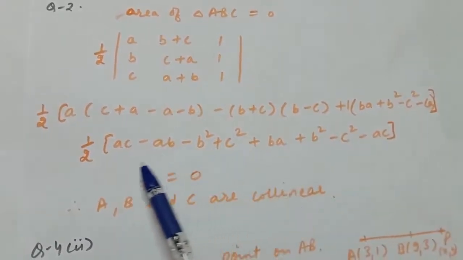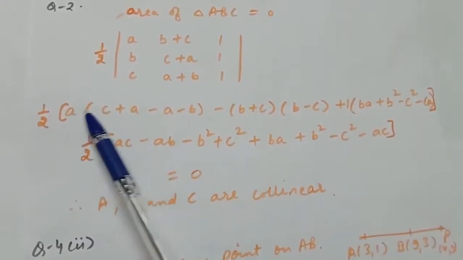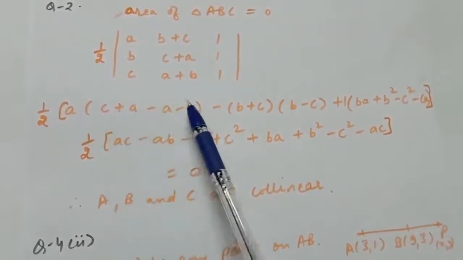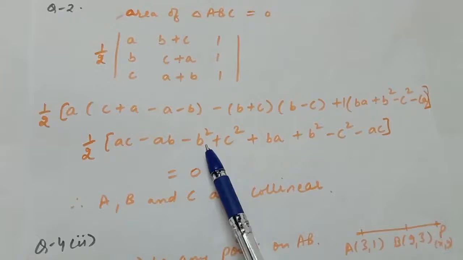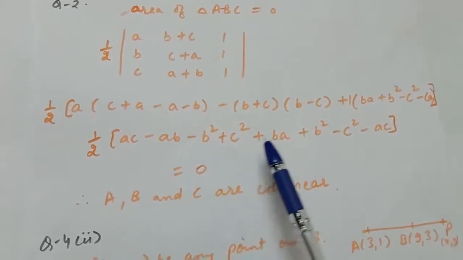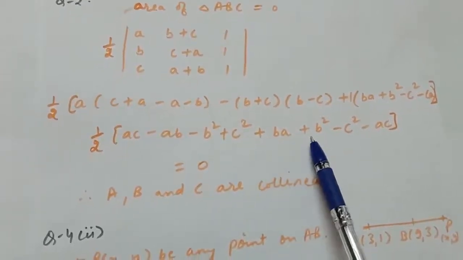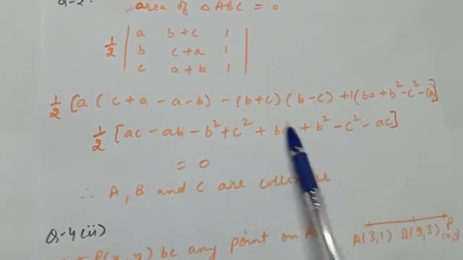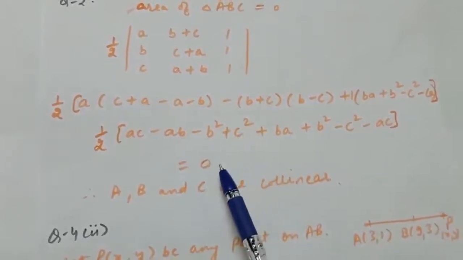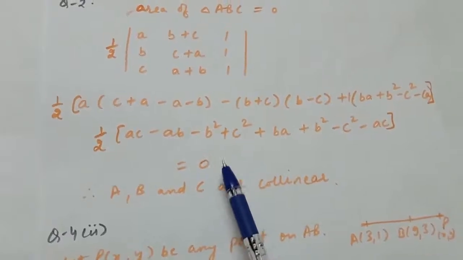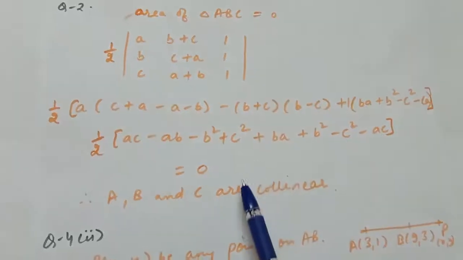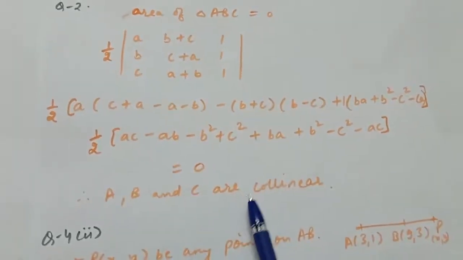Now this is equal to half, inside the bracket AC, this A will get cancelled, then minus AB minus B square plus C square plus BA plus B square minus C square minus AC. So the term inside the bracket will get cancelled and you will get the answer as 0. So we can say if area of triangle ABC is 0, therefore A, B and C are collinear, right?